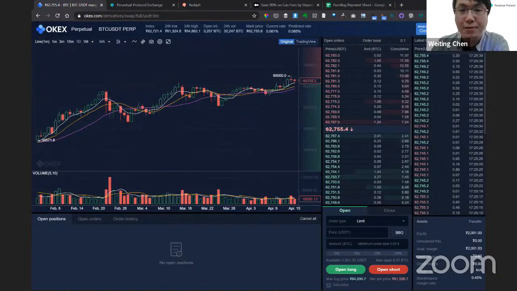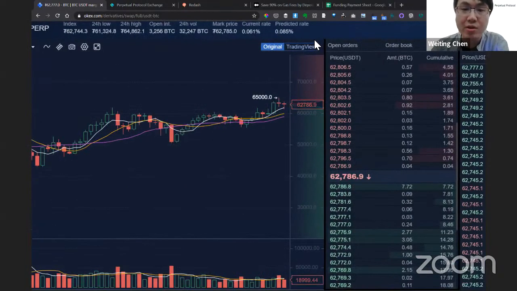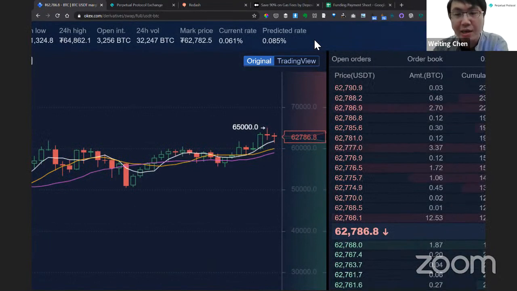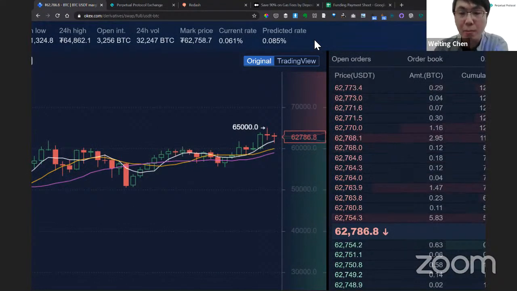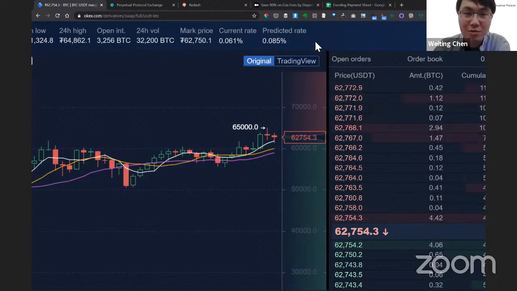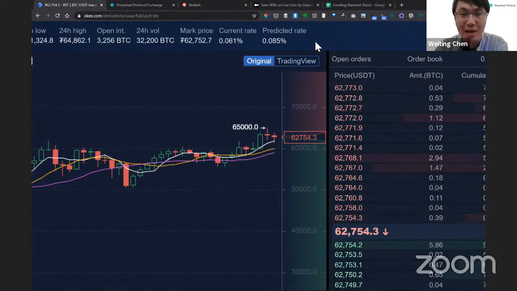Okay. So as everyone could see, the predicted rate on OKEx right now is 0.085%, which means that you will get paid if you open a short position. So quick recap: if the rate is positive, you will get paid if you open a short position. If this rate is negative, you will get paid if you open a long position.